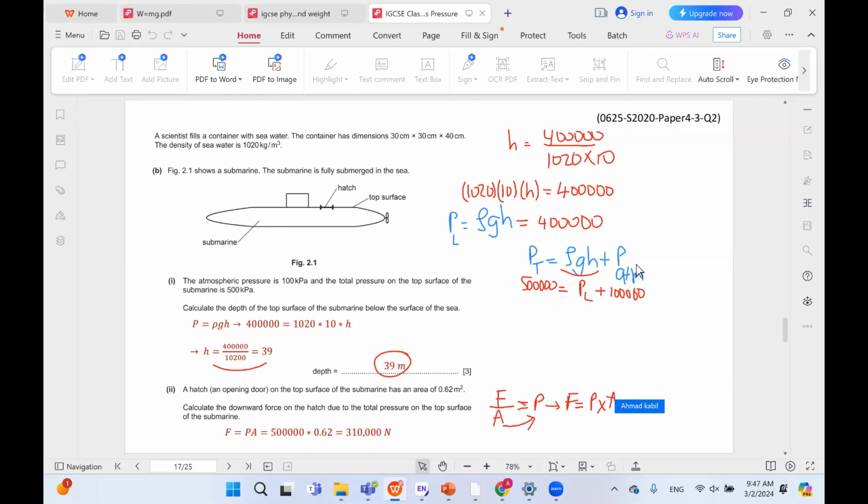We already have the pressure, and the area is 0.62. Of course, we want the total pressure because they said due to the total pressure. So we're going to use the 500,000, and we're going to multiply it by the 0.62. And we get an answer of 310,000 newtons.